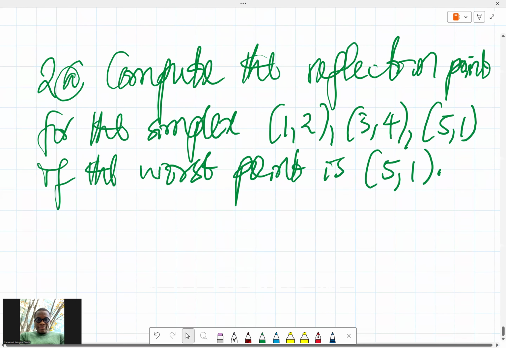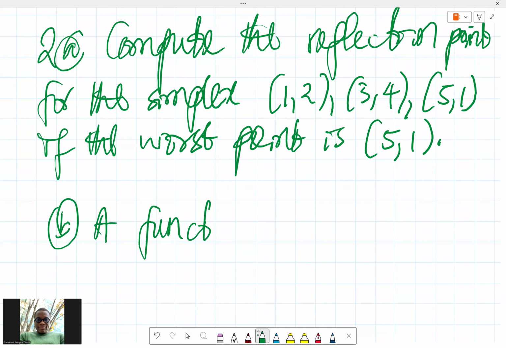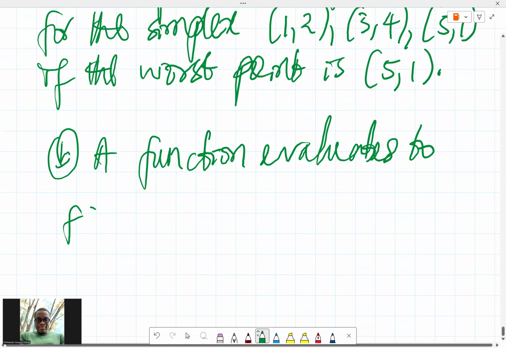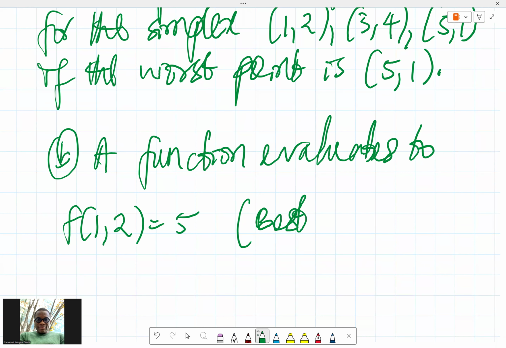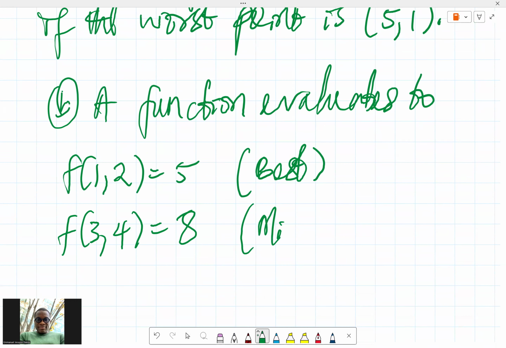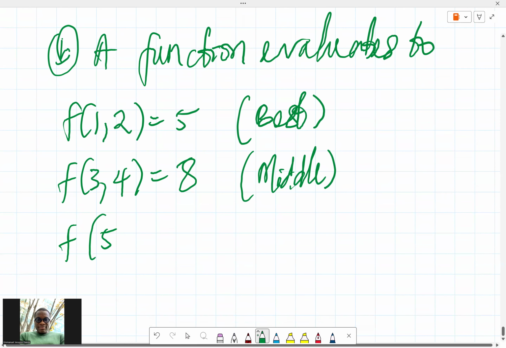Okay, f of 1, 2 is 5, that's the best point. Then f of 3, 4 is 8, that's the middle point. And then f of 5, 1 is 12, which is the worst.